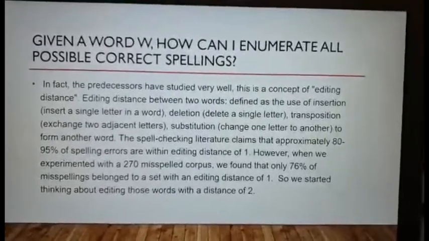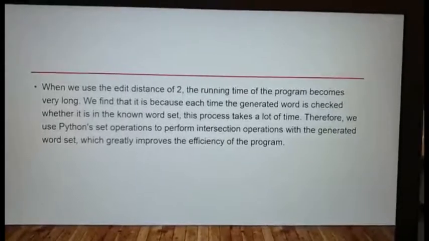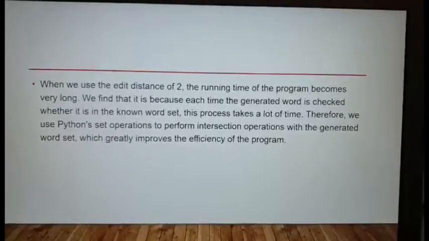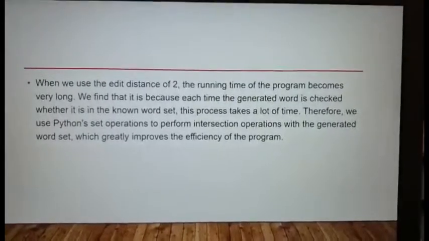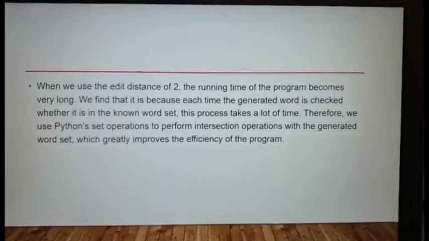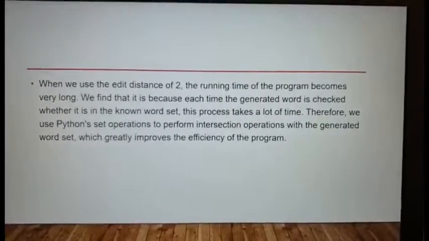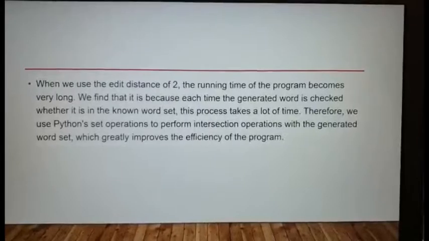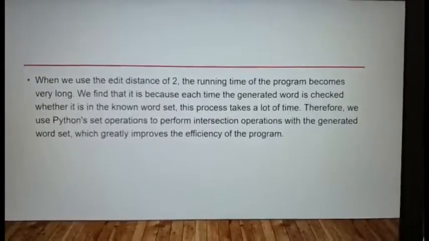However, we have a new problem. When we use the editing distance of 2, the running time of the program becomes very long. We found that it is because each time a generated word is checked whether it is in the known word set, this process takes a lot of time.